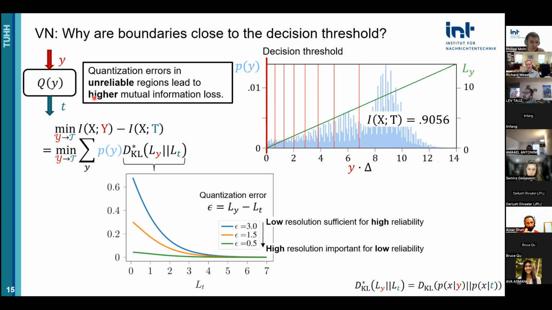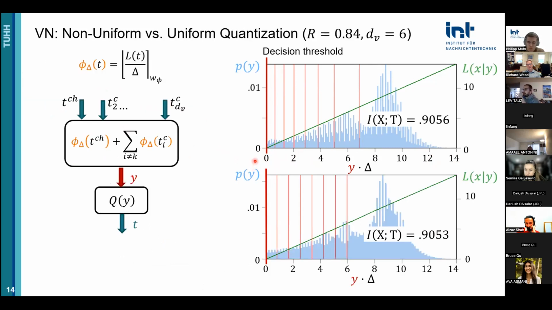And Philip? Yeah, I have a question. So the observation you made that the non-uniformity is not giving you much gain in terms of the mutual information, is this dependent on the channel SNR, or are you saying this is true across a variety of SNRs?